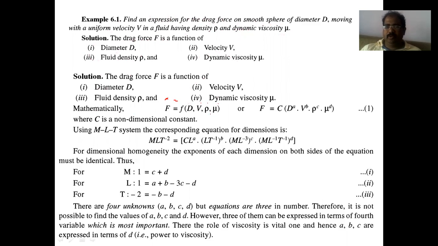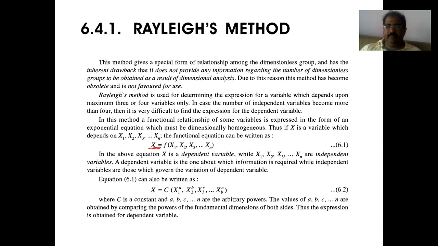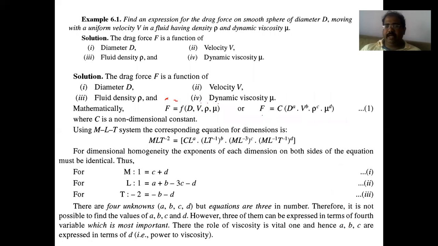We write this equation in its basic form. So we write F is equal to C, a constant, times d raised to power a, v raised to power b, rho raised to power c, and mu raised to power d.